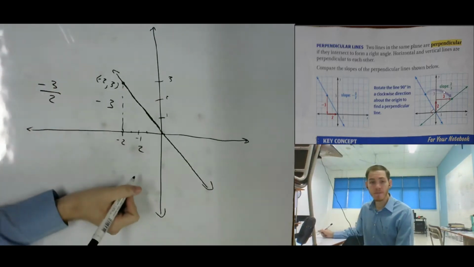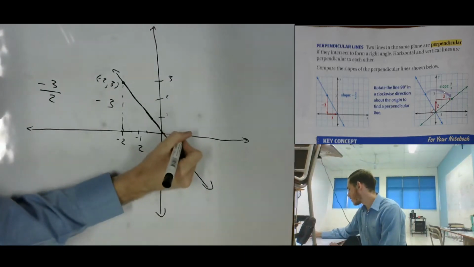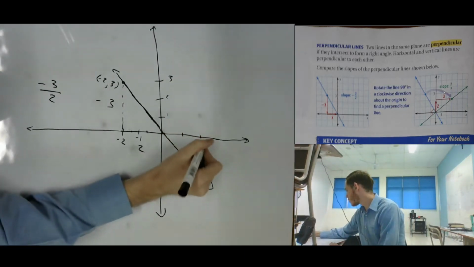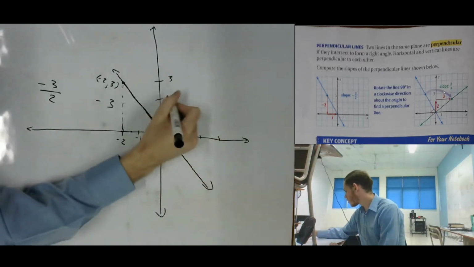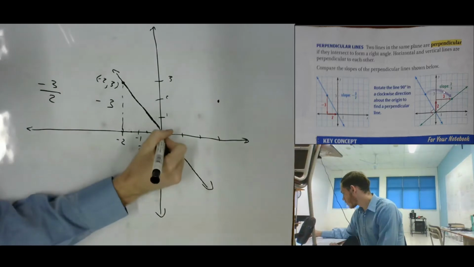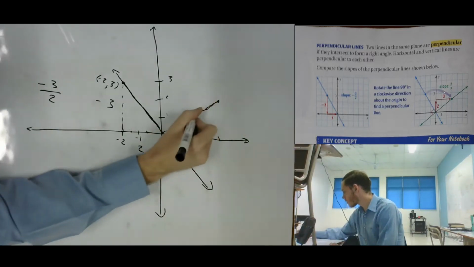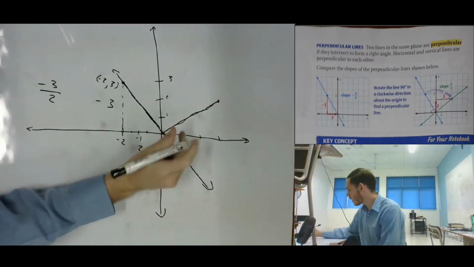Now what's the slope of our perpendicular? It's just me plotting.